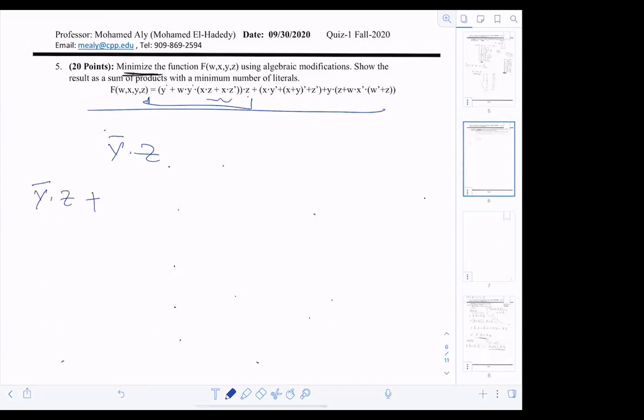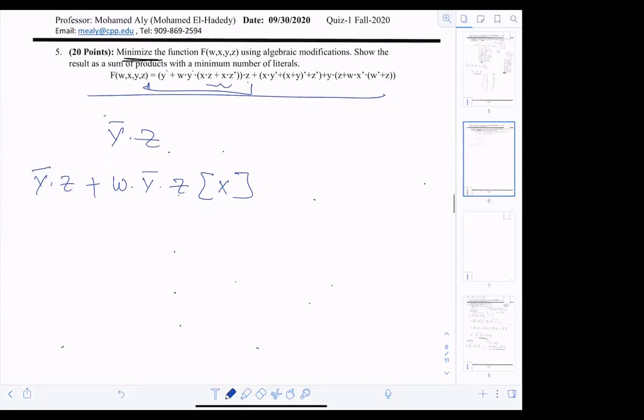Added to this, which is basically X, it's going to be WY complement Z. Then add it to this X. So you're going to take this together to be what? Y complement Z and 1 with WX, Z. 1 WX, I'm sorry. This one is basically 1. Did you see what I did? So you guys are following what I did or not?